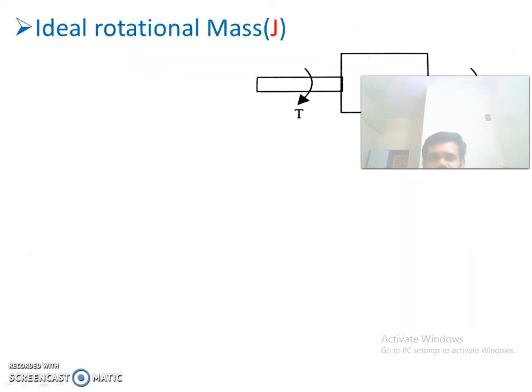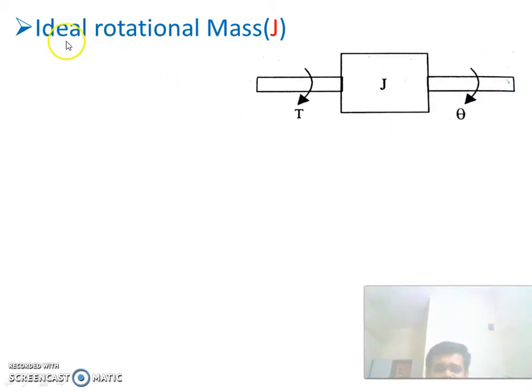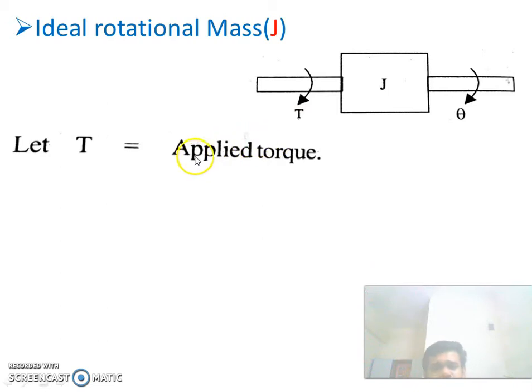Now, the symbol for ideal rotational mass is J. There it is M, here it is J. T is the applied torque, and due to this applied torque there will be an angular displacement of theta.